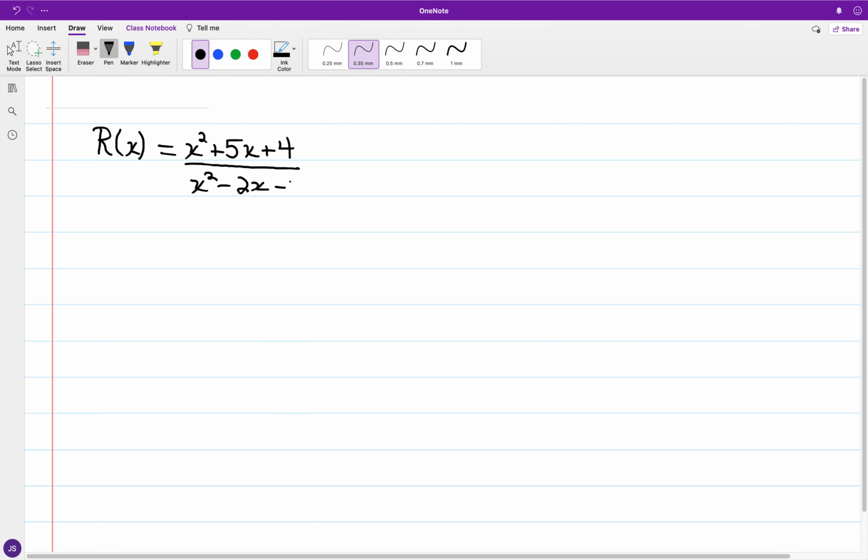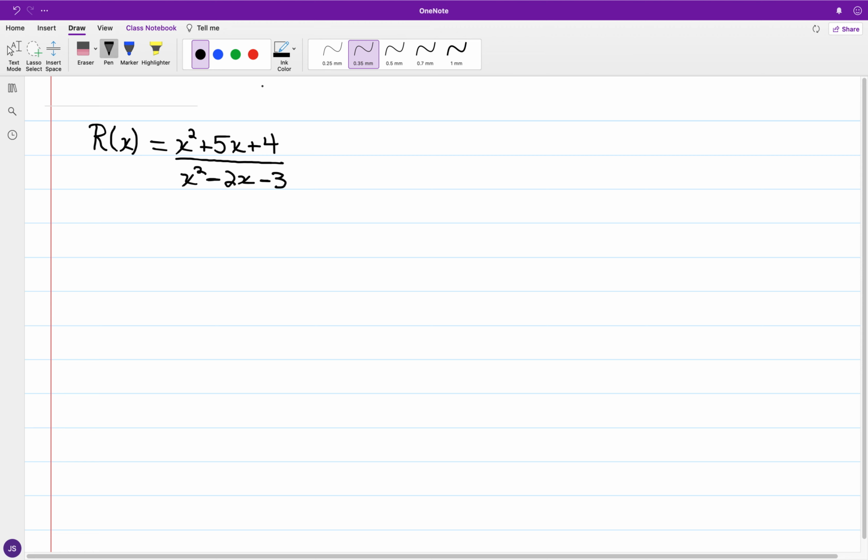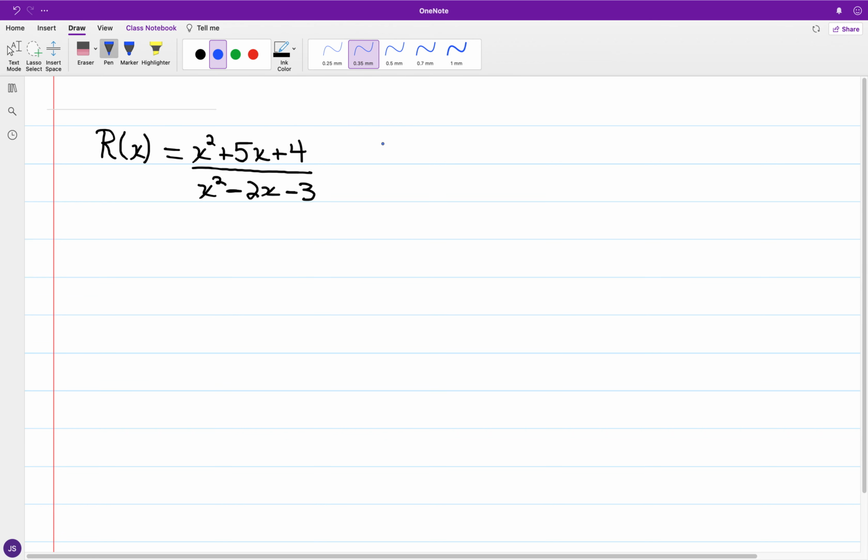Now we're going to go back just a few sections, looking at what we had when we were looking at the domain of a rational function. For a fraction, the denominator cannot be equal to 0.